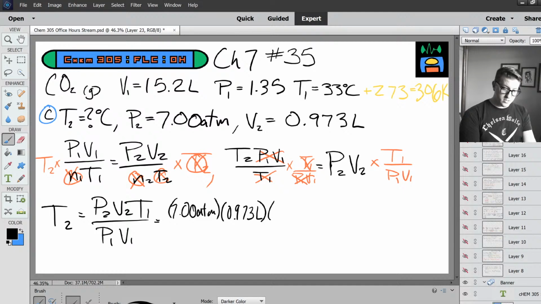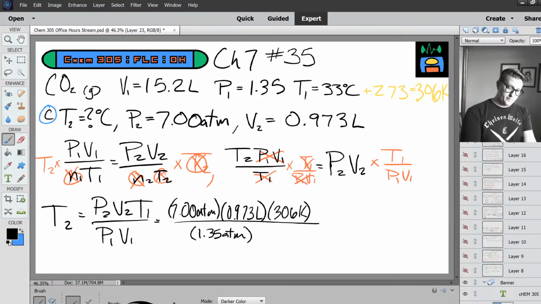Our initial temperature is 306 Kelvin. Our initial pressure is 1.35 atmospheres, and our initial volume is 15.2 liters.